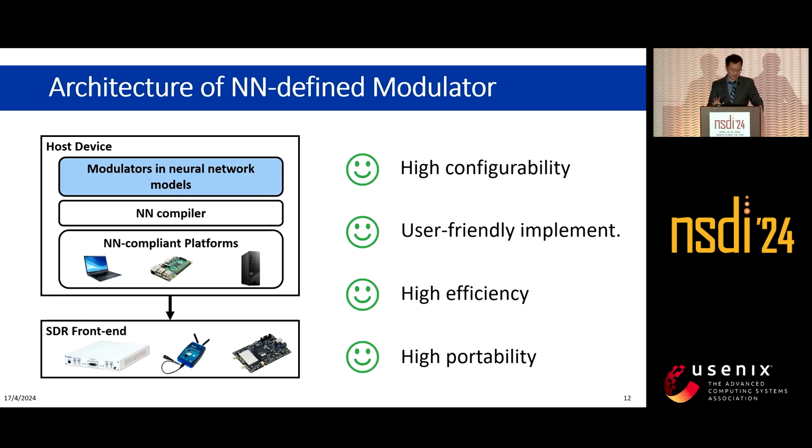We also have a compiler to abstract the specific processors to support the modulator built in neural network form. We envision such a new architecture will provide high configurability, user-friendly implementation, high efficiency, and portability. I will elaborate when I talk about specific designs.